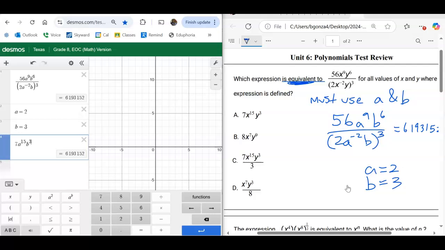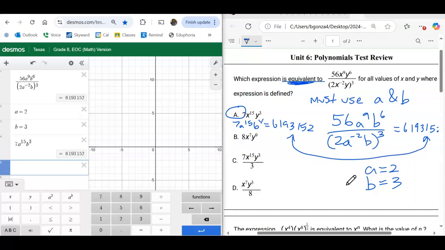There you go, on the first one. 7A to the 15, B to the 3 equals 6,193,152. That equals that, so that is the answer.